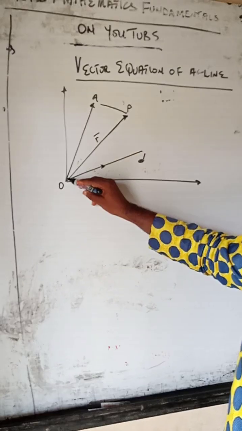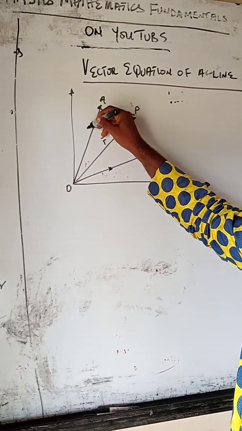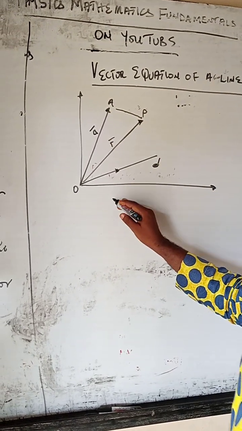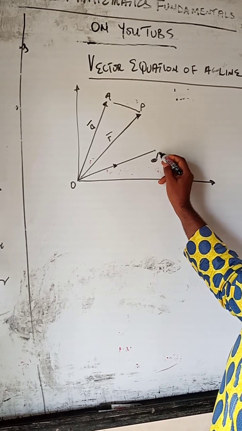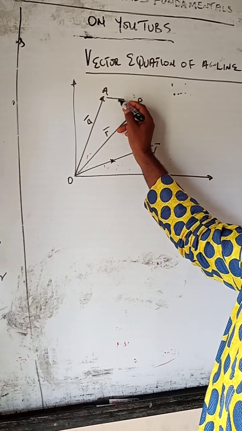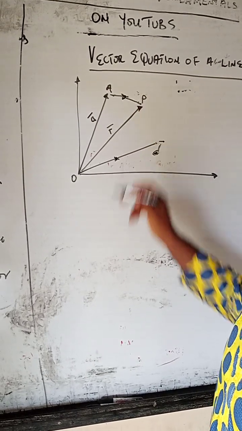Now this particular vector OA, let's name it as my A, and we want to assume that this particular direction vector D is parallel to the vector AP.